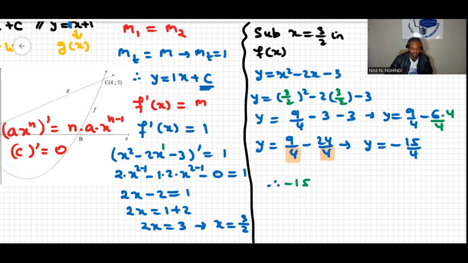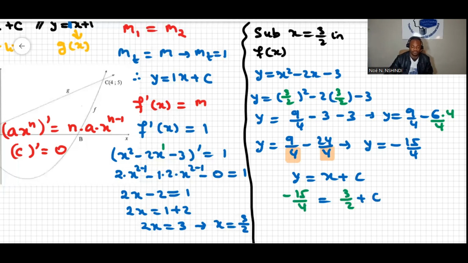I prefer to write in this equation, y equal to 1x, just x plus c. So we're going to sub in the y and x values. So now negative 15 over 4 equal to the x value, 3 over 2, plus c.